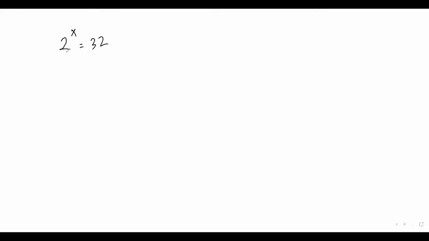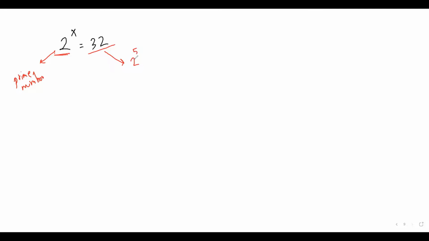So right now, 2 is a prime number, right? And you cannot simplify this further. However, 32 can be rewritten as the product of prime numbers. And actually, that's a famous number, which I told you to memorize, right? 2 to the power of 5. Do you still recall? 32 is 2 to the power of 5.